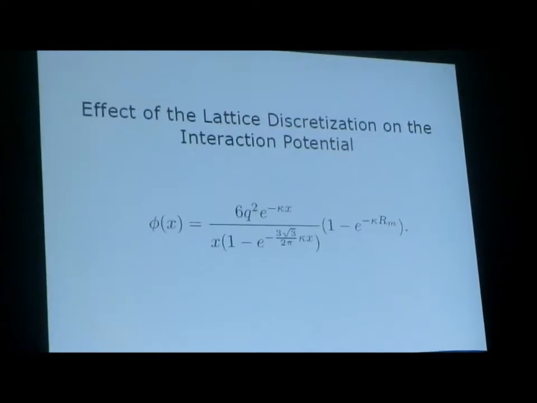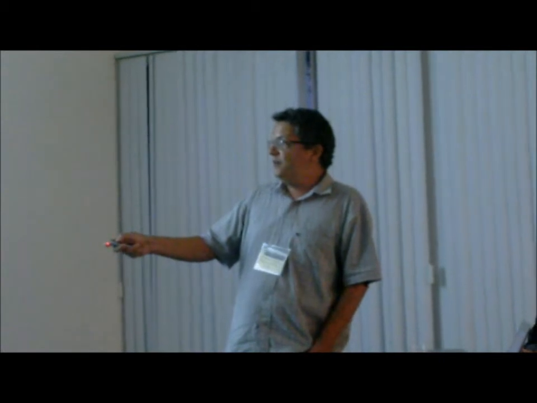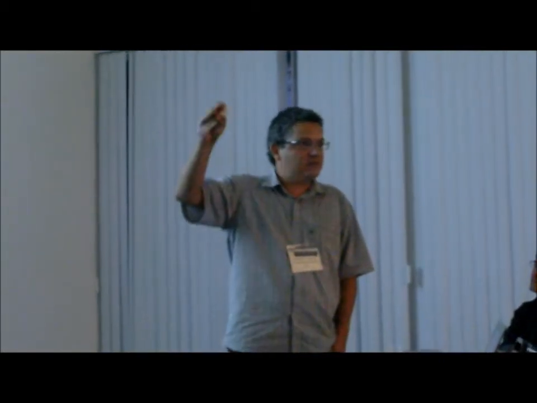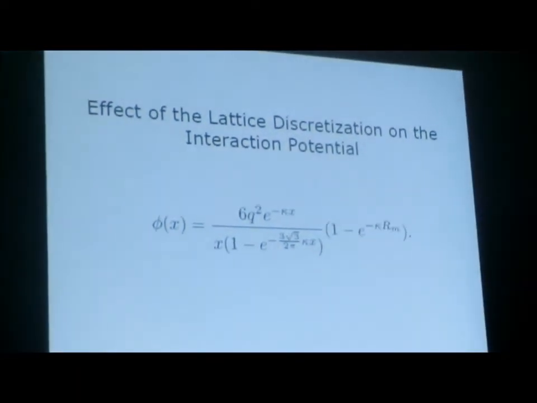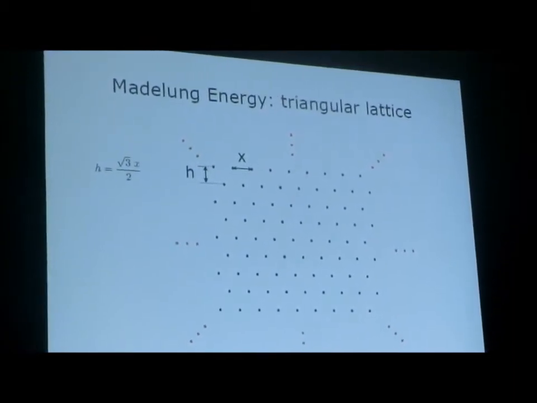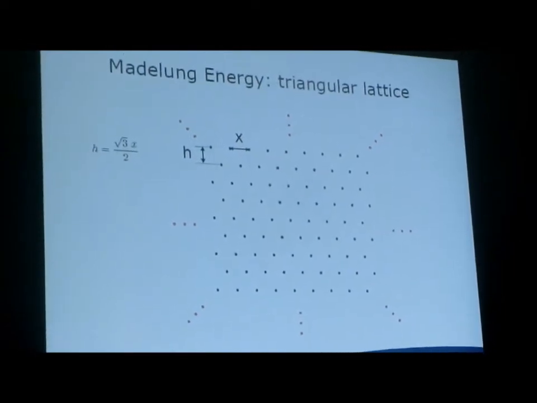So how do we get this closed form expression? Because if you see, the phi of x would be a sum of infinite terms. And here we get something that's a closed form expression. How do we get that? So, how do we obtain a closed form expression for the Madelung energy of a lattice?